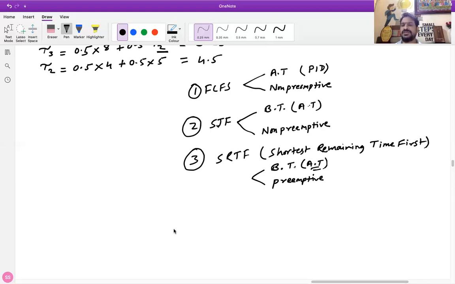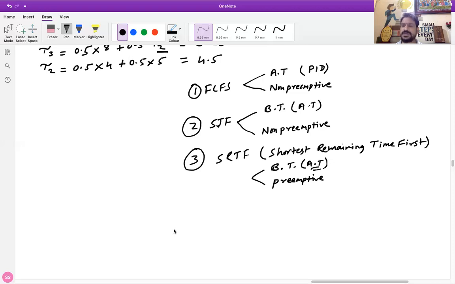Now the next scheduling algorithm that we are going to learn, shortest remaining time first, is a preemptive scheduling algorithm. What is the meaning of preemptive scheduling algorithm? As I told you, if a process is running on the CPU and we find that another process in the ready queue has more priority, it may come into the CPU.